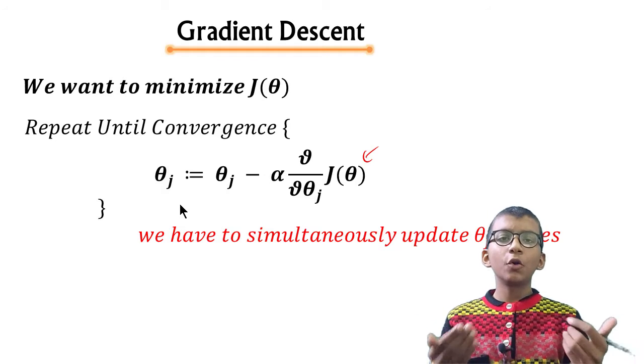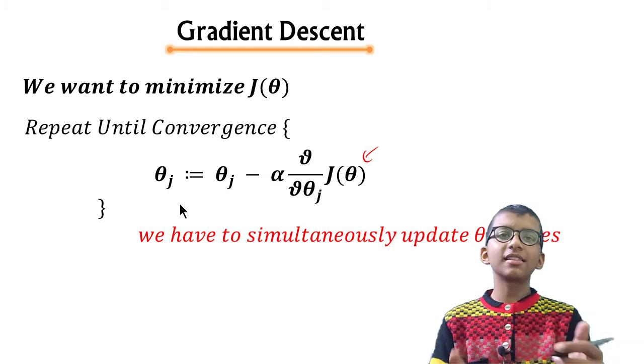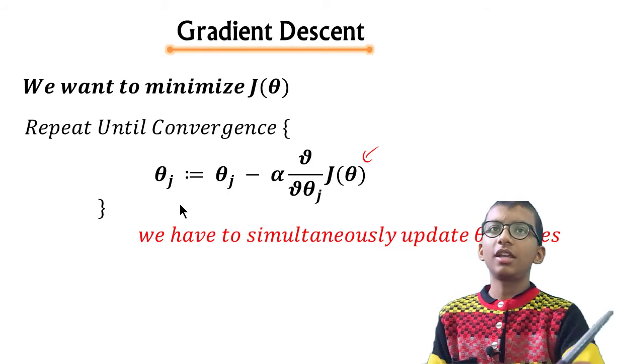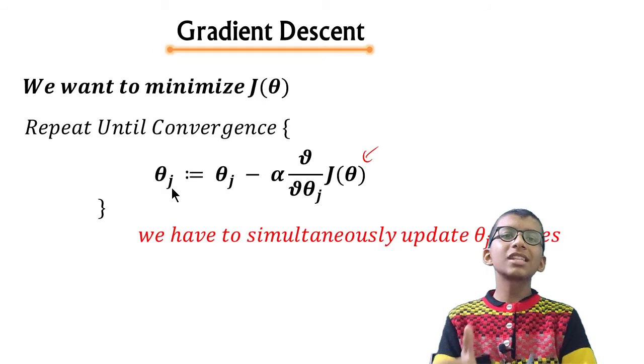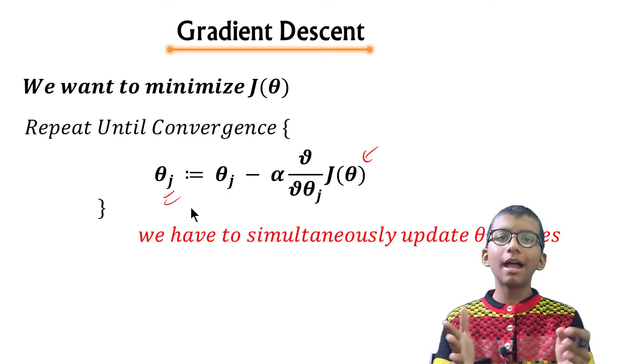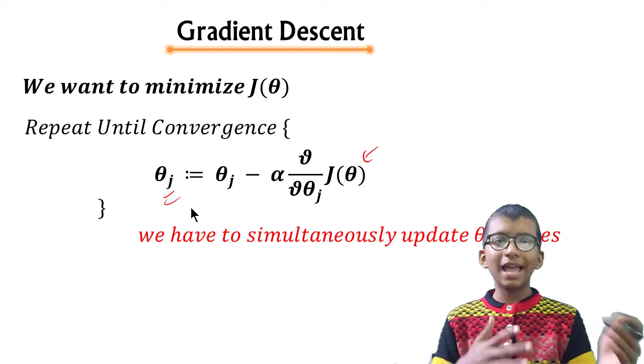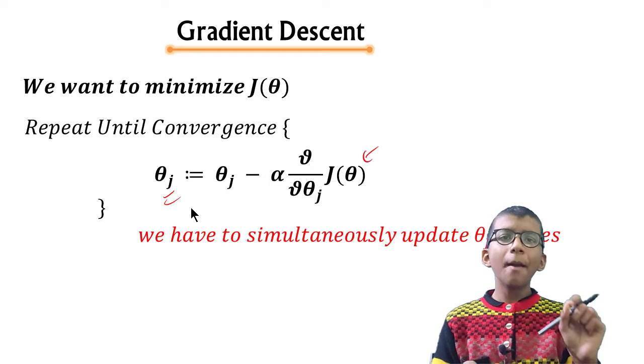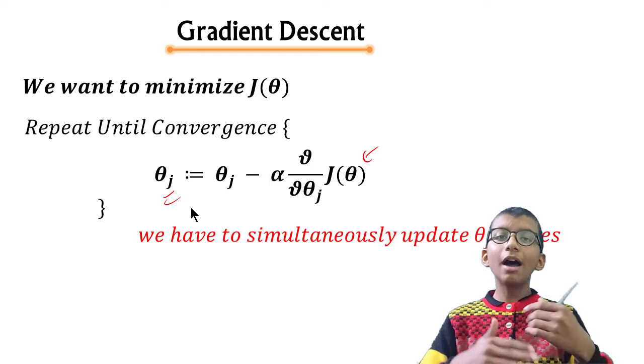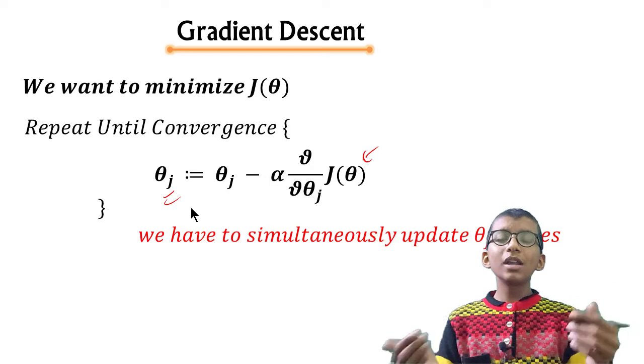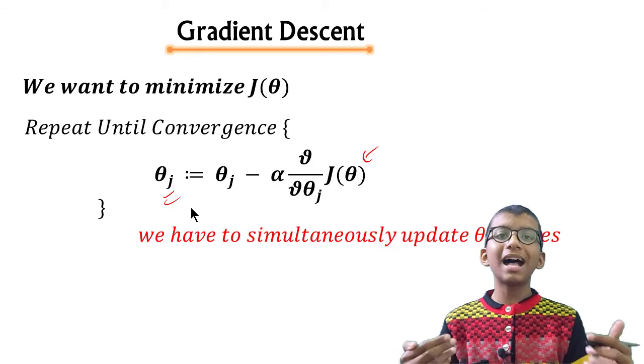Here, what is j? Theta j. We have to simultaneously update our parameters theta j till n. We'll talk about that in a second, but let's take a look at what the partial derivative of our cost function is after doing all the calculus.